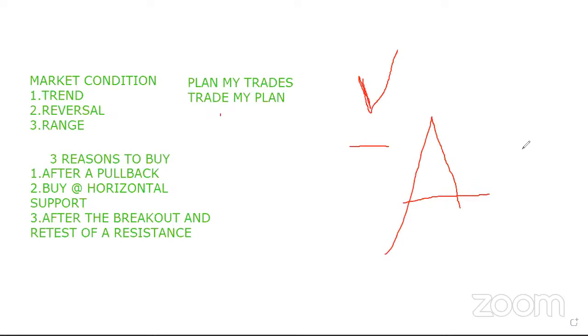When price gets to 50% of the previous move, I would enter my buy immediately, and at that same time, I expect price to go above the previous higher high for my buy to continue. So it's either I enter a buy at 50% or I just put a buy stop above the previous higher high. Simple.